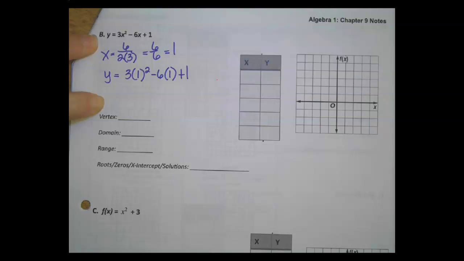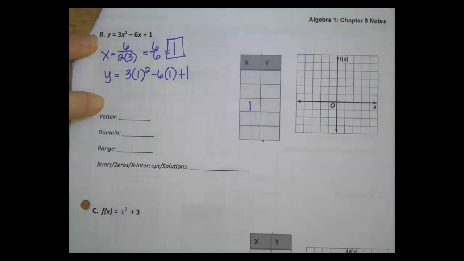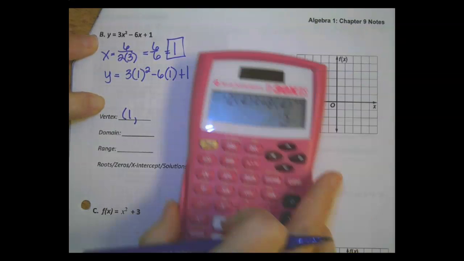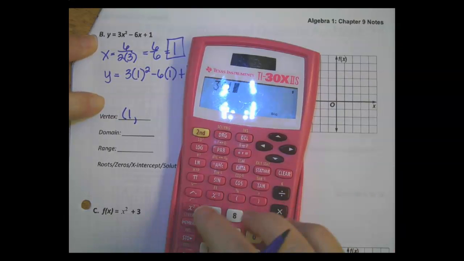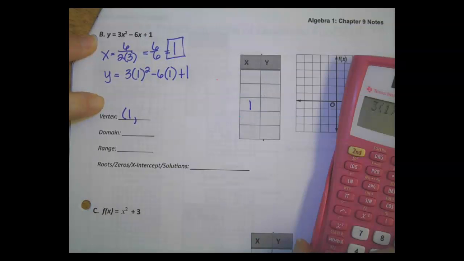I'm sorry, solve for y. Okay, so here's my x. That goes here. Also here. Calculator time. Hopefully you got a -2.